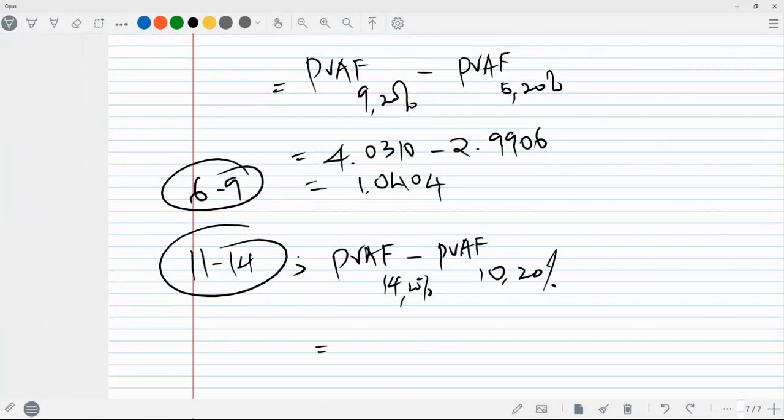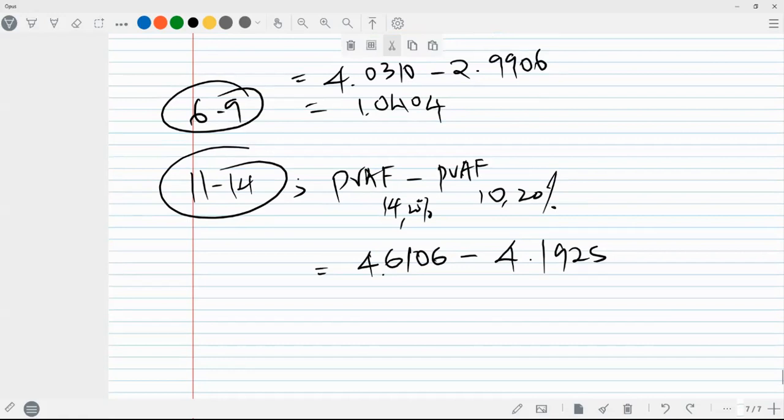Back into the table, 14 years, 4.6106, minus 10 years, 4.1925. The factor you get is 0.